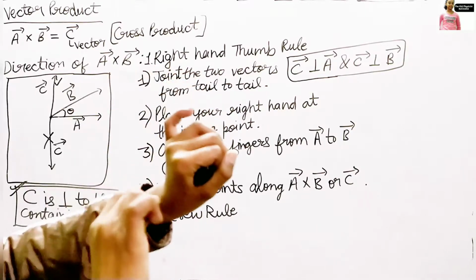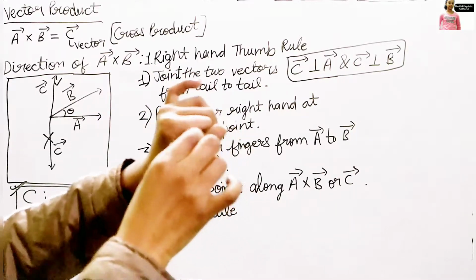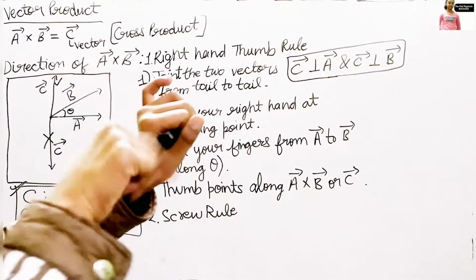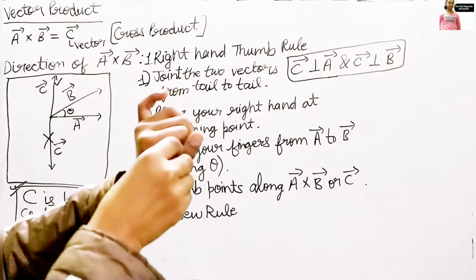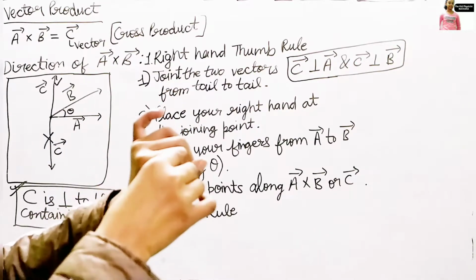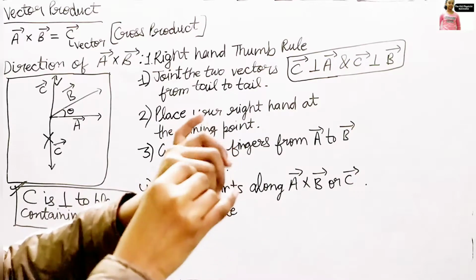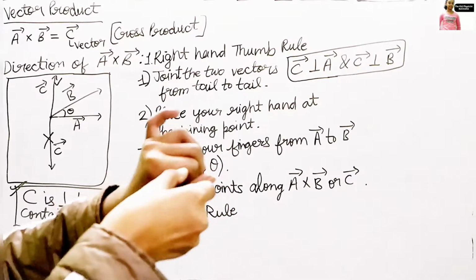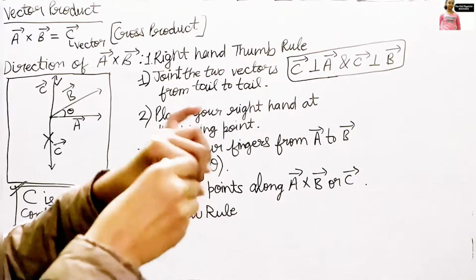Okay, now if we rotate the screw in anti-clockwise direction, it starts coming outside the wall. Okay, see, anti-clockwise direction will be like this. See, got it?